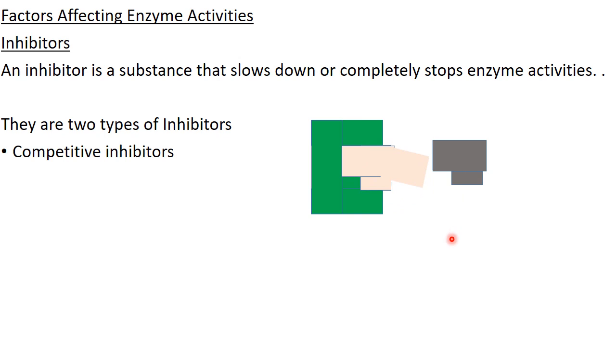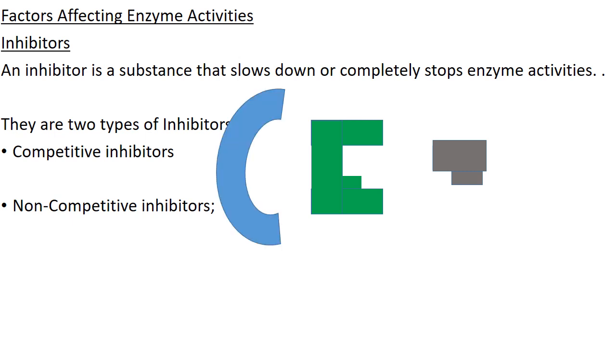If you see, it looks like the substrate here, but the other side is not. Because of that, it can fit into the enzyme. So instead of the substrate fitting, the competitive inhibitor fits into the active site. So competitive inhibitors compete with the substrate for the active site.